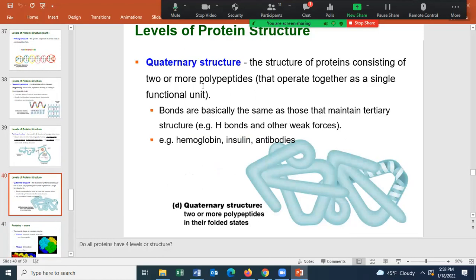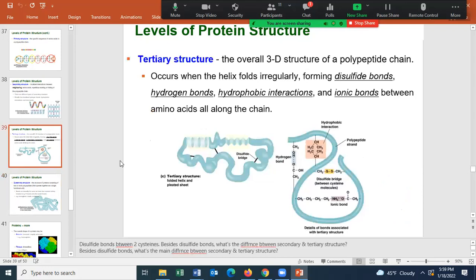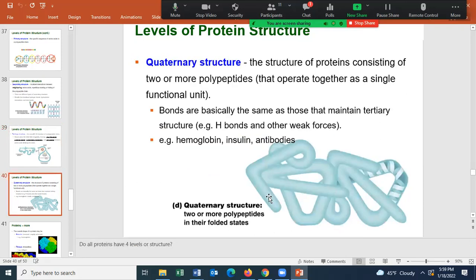So if the protein is made up of two or more polypeptides, they come together and bond together, meaning you get all of the links occurring in the quaternary structure that you see in the tertiary structure. And that is mainly hydrogen bonds, van der Waals forces, ionic bonds, ionic repulsion, polar and nonpolar repulsion, and then the disulfide bridges.